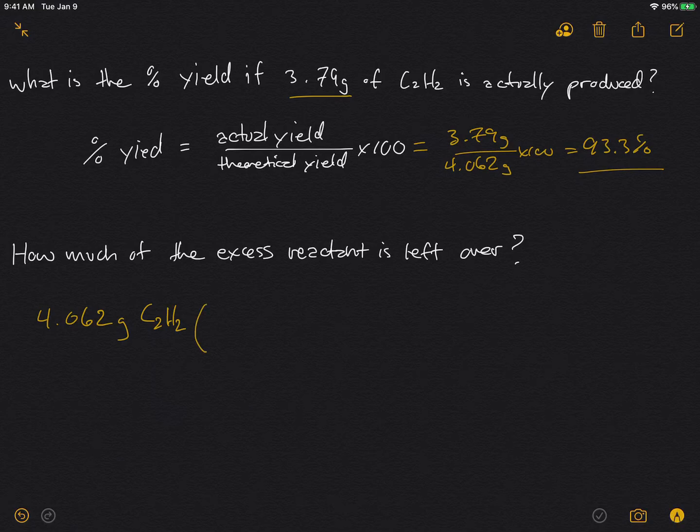So let's convert that to moles. So 4.062 grams of acetylene, 1 mole of acetylene has a mass of 26.04 grams.